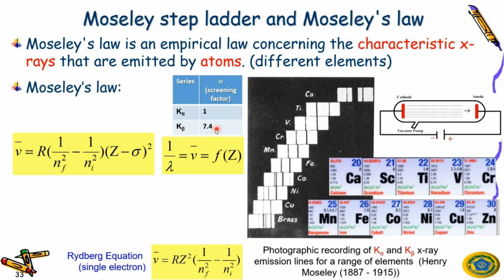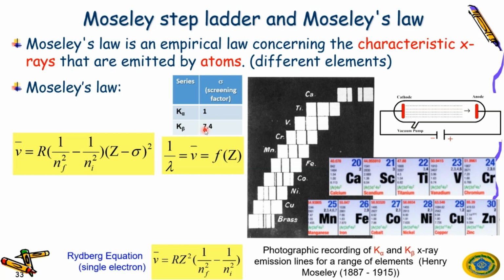For K beta, you use 7.4 here. Why 7.4? The screening factor tells you that for K beta, you probably have 8 electrons outside, but you want to take out the one at the bottom in the innermost shell. So that's why you have 7 electrons outside.